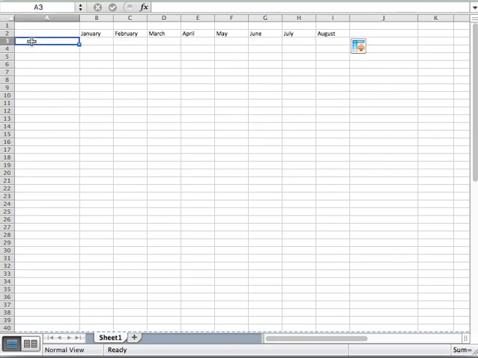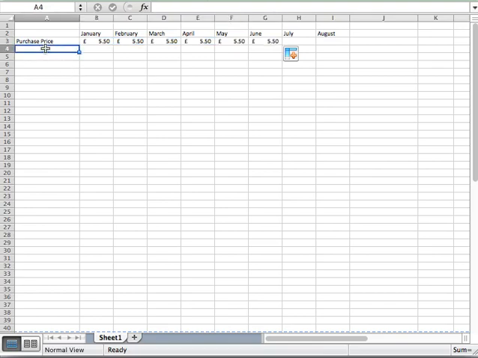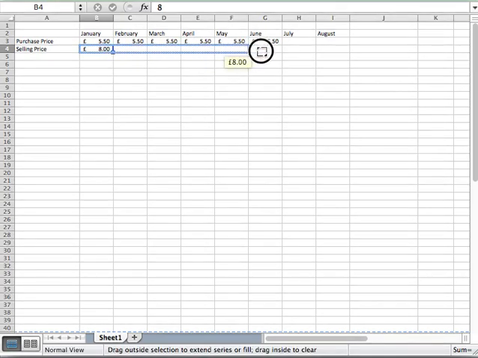The first piece of information from the case study is that the purchase price is £5.50, so 5.5, and I'm going to change that to currency, and that's the same for all the first 6 months. The selling price is £8, and again convert that to currency and copy that across.